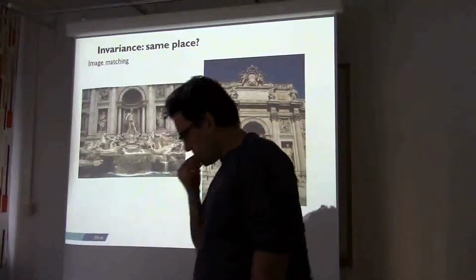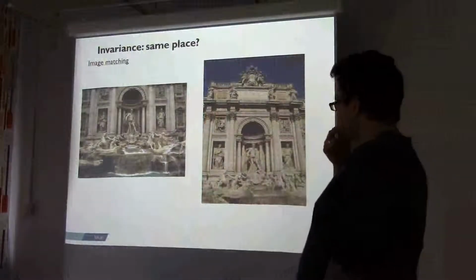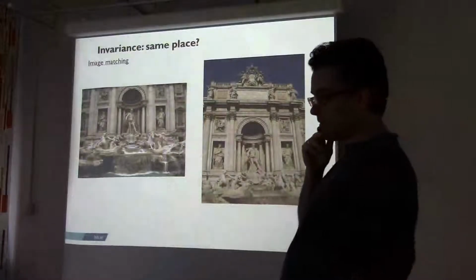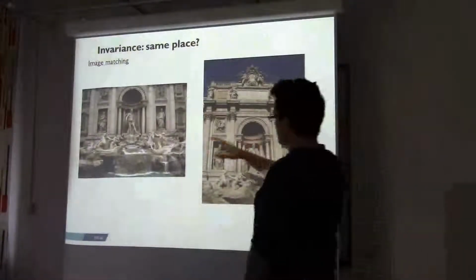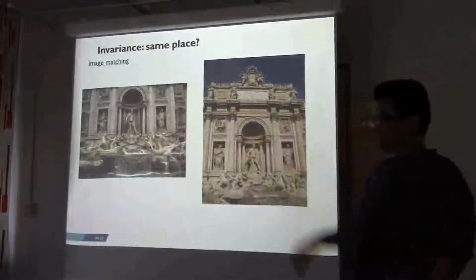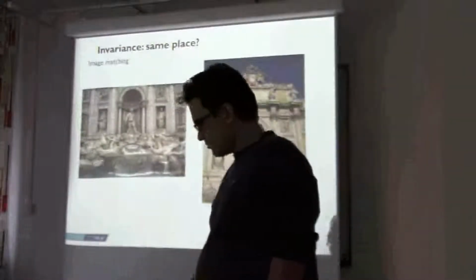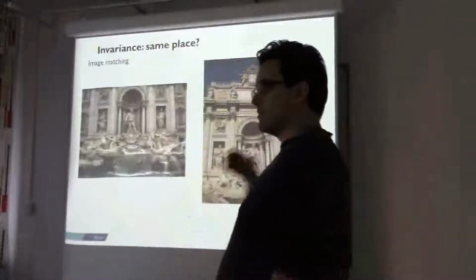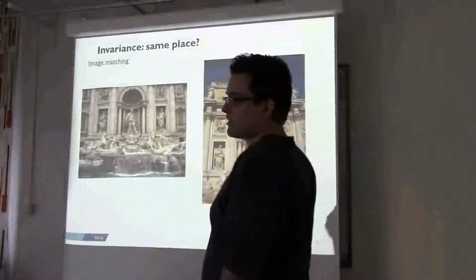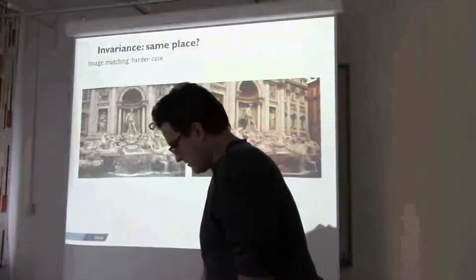So let's first talk a little bit about invariance of features. One idea behind features would be to see if two images belong to the same scene. I mean, is this the same thing or monument, like the one that you see here, taken from different perspectives, different moments in time, with different illumination, different camera, different points of view?